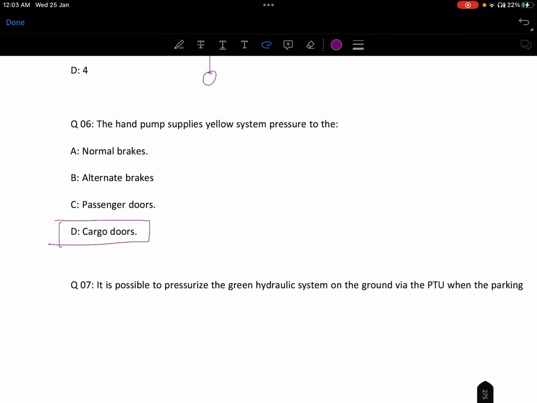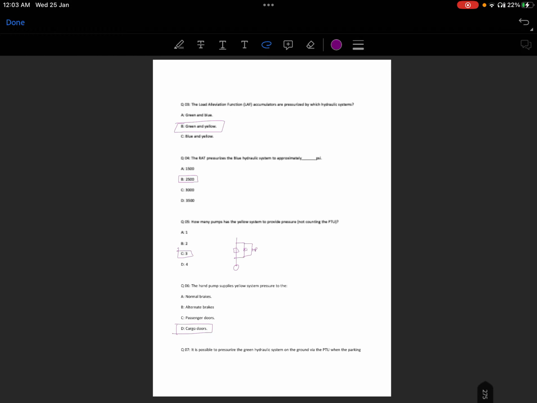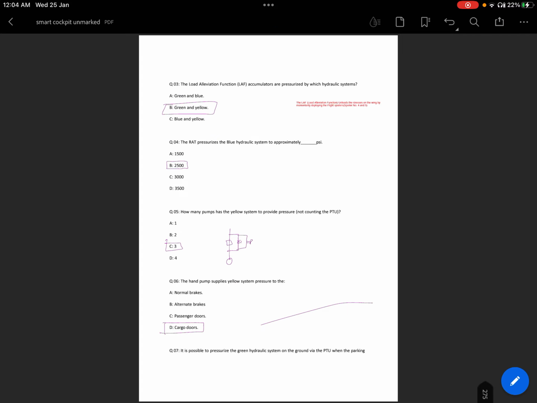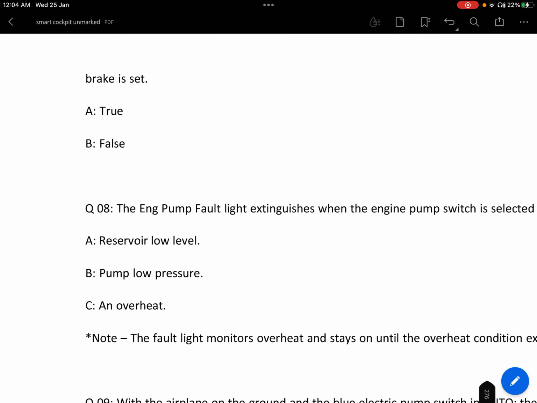It is possible to pressurize the green hydraulic system on the ground via the PTU when the parking brake is set. What do you think? Is it possible? Yes, it is possible with the help of the electric pump.